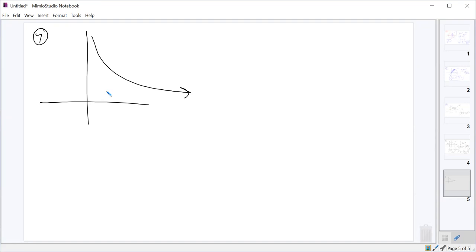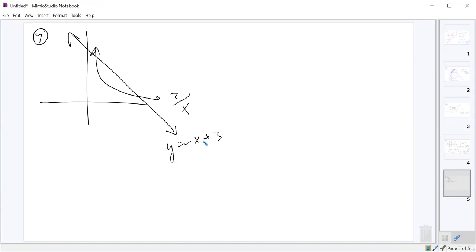X plus y equals 3 is the same as y equals -x plus 3. I have not drawn this well, it should be more like this. -x plus 3 is going to come across the top of it. So we got 2 over x, and y equals -x plus 3, and we're looking for the area between those.